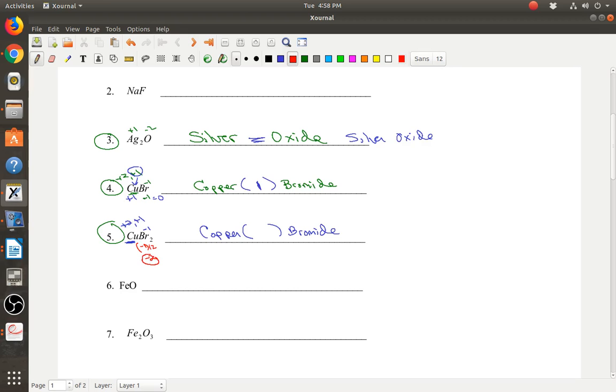So it has to end in a -2 charge. Copper, there's only one of them. Copper plus -2 equals 0, so copper has to be the +2 charge because I add 2 to both sides. I'm using the +2, not the +1. So this is copper 2 bromide.